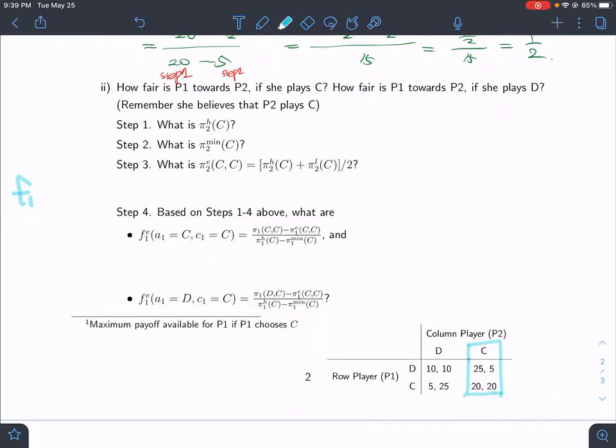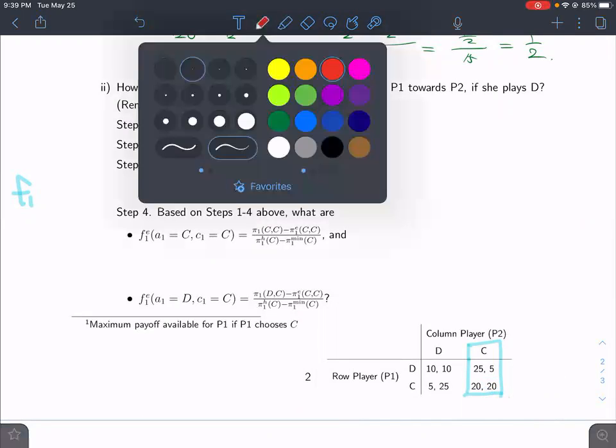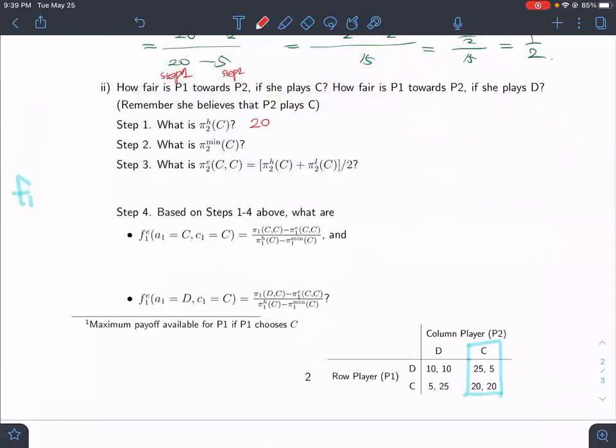It's the maximum payoff for player two, and in this case it is 20. What is pi 2 min? It is this one, 5, the minimum payoff for player two.